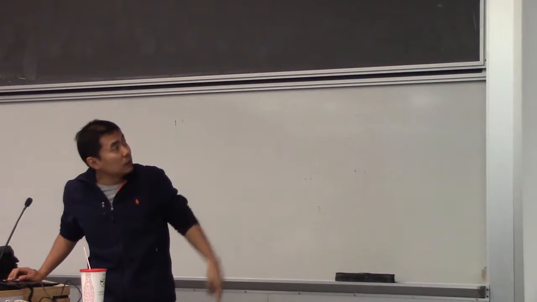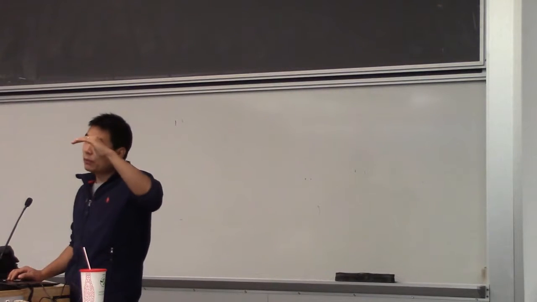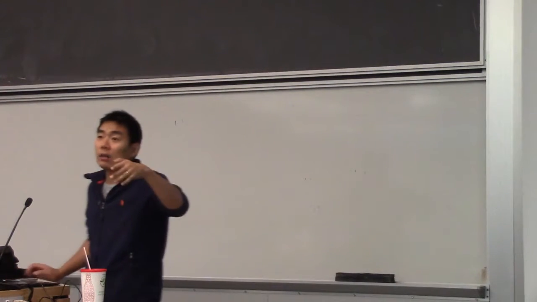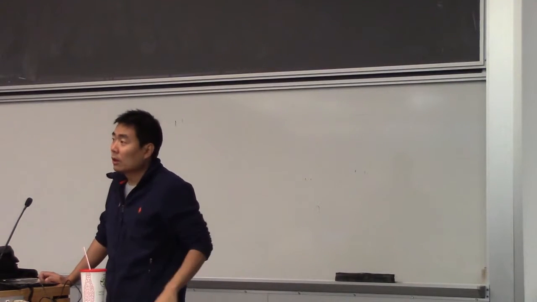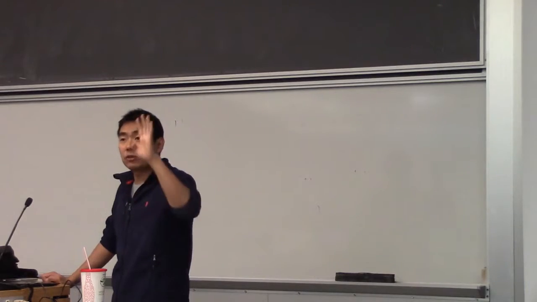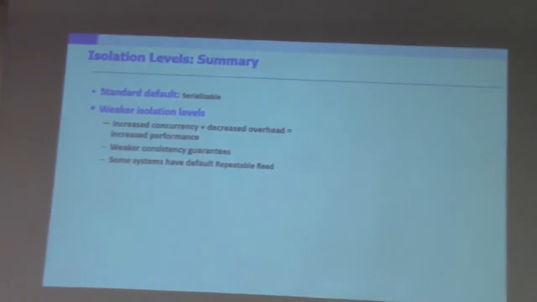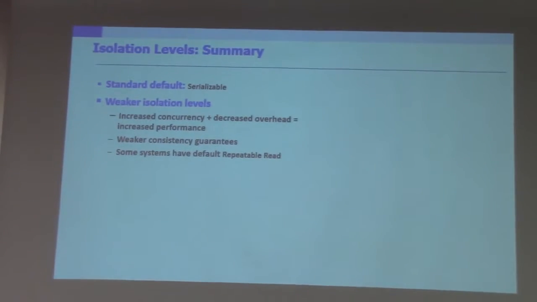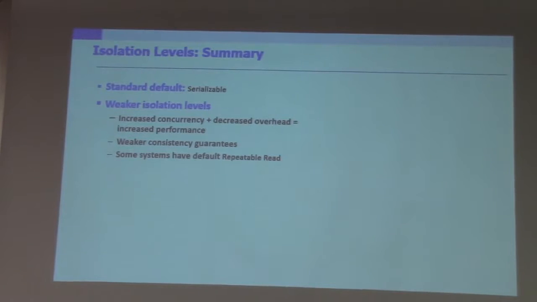So the standard is serializable isolation level, and in practice, people design different weaker isolation levels. We talked about repeatable read, but in practice, if you go to any commercial database engines, the industry standard is to have 4 different isolation levels. We covered the bottom 2 in terms of the level of isolation they can guarantee. Serializable is the strongest.